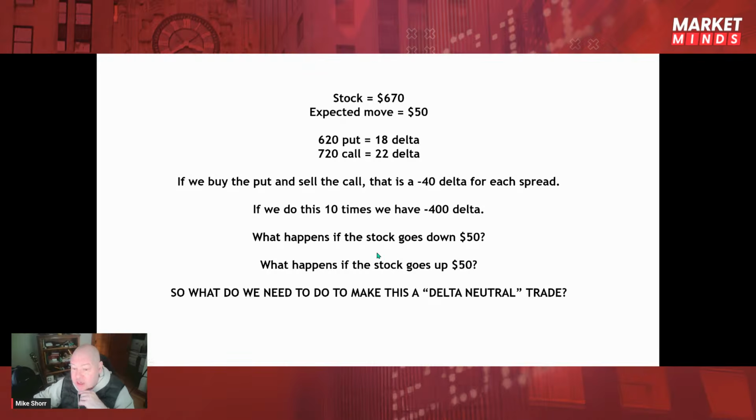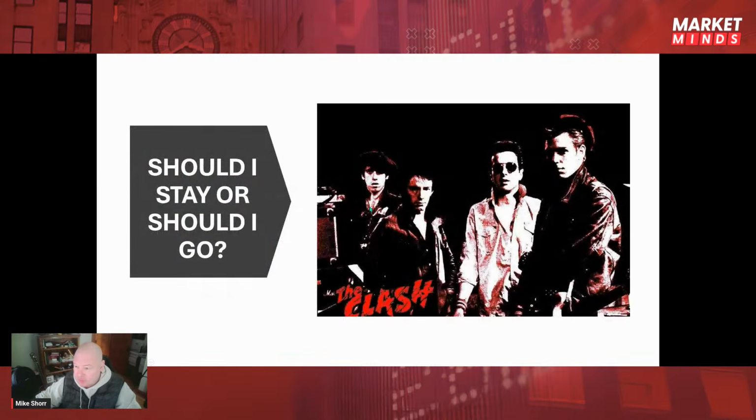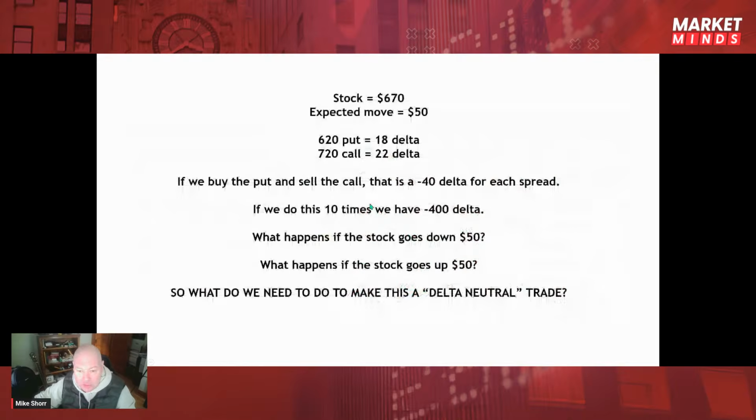So how do we get to a delta neutral position? After talking about the net deltas of these when we put the trade on or when we were looking at it, it was -40. What do we do? What can we do to make ourselves delta neutral? Buy shares. Exactly, Aaron.